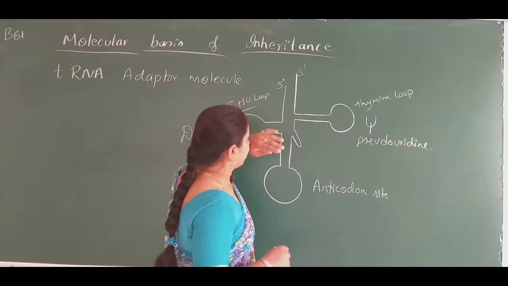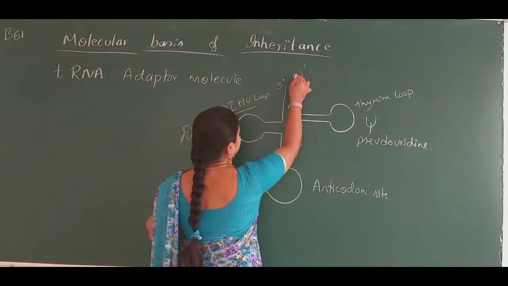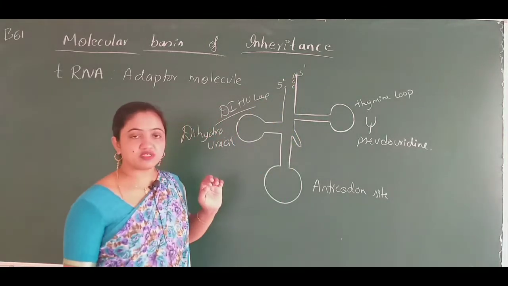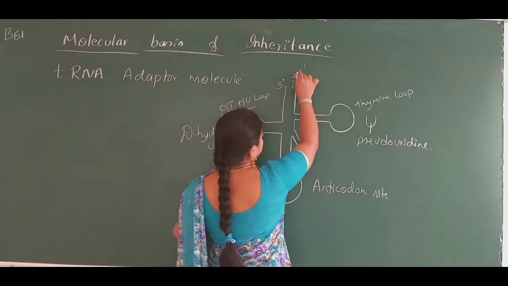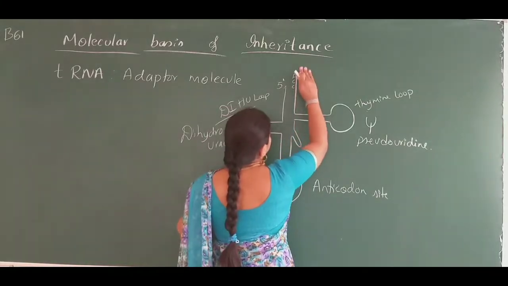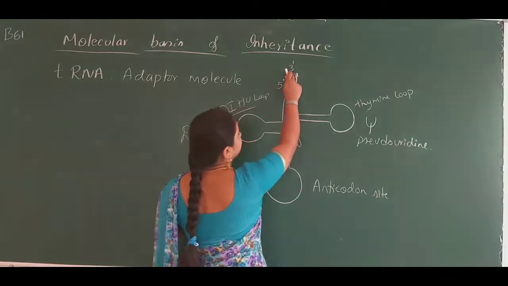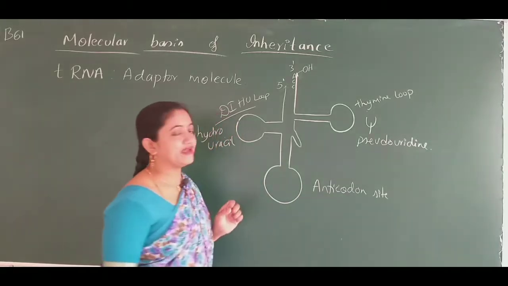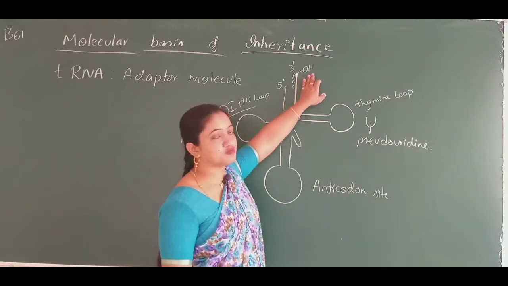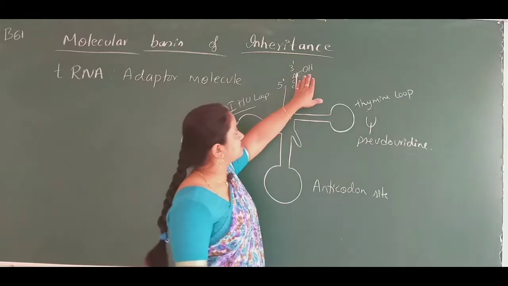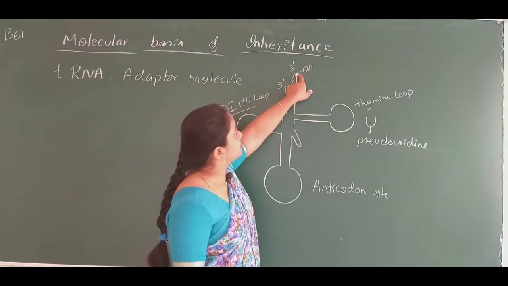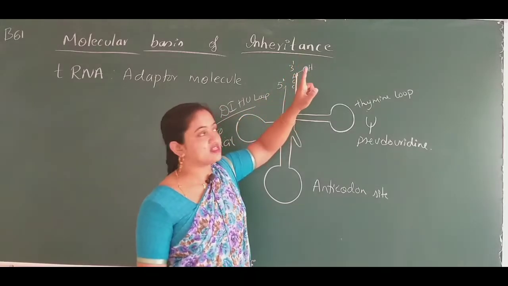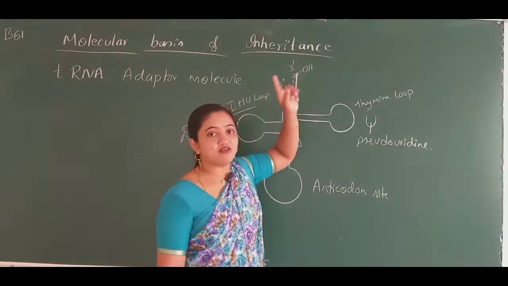Next, at the 3 prime it has the CCA triplet, and this 3 prime end will have an OH group, which is the functional group. So listen carefully. Always at the 3 prime the OH end will be free.